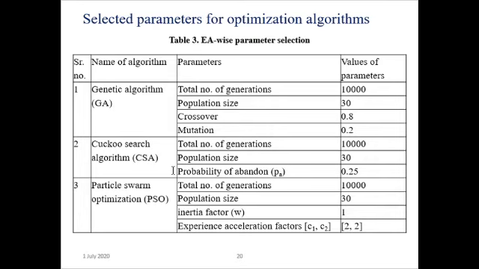Now the parameters for the algorithms. For the genetic algorithm, crossover is 0.8 and mutation rate is 0.2. For the cuckoo search algorithm, the probability of abandon is 0.25. For particle swarm optimization, the inertia factor is 1, meaning a basic PSO, and the acceleration factors are 2 and 2.